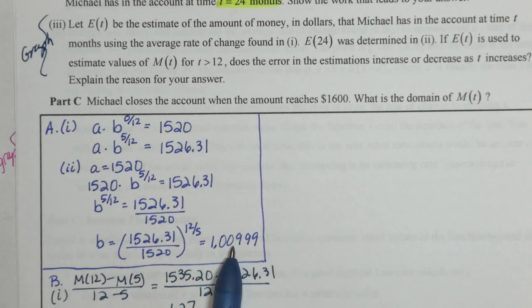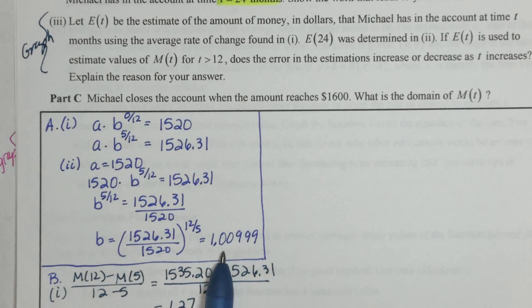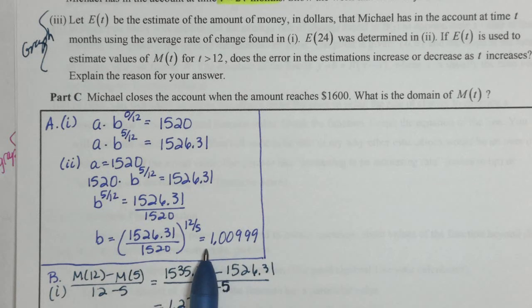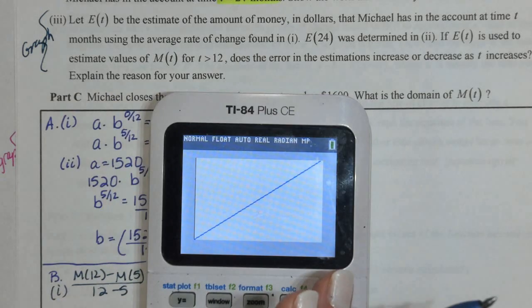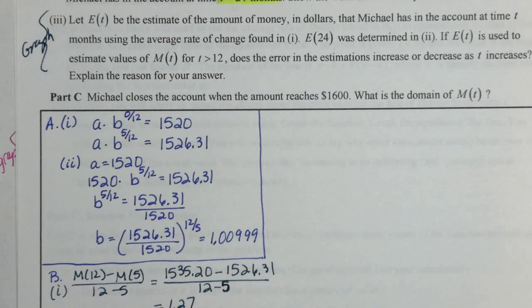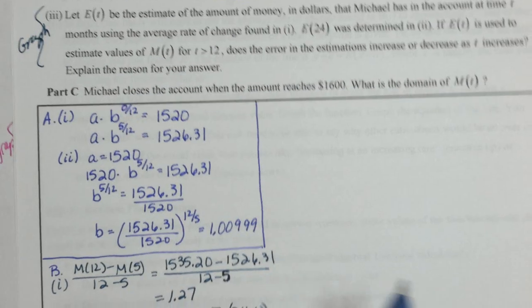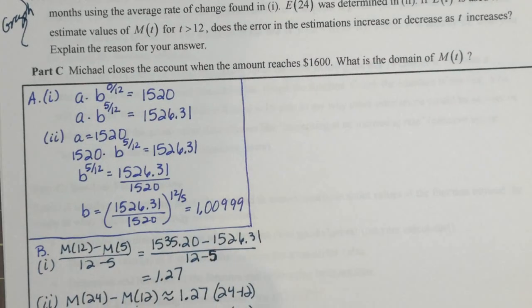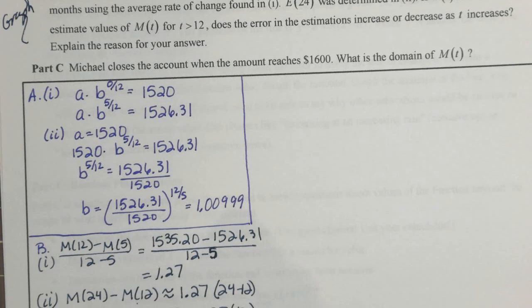Well, it is exponential, but look at the value of B. Look how close it is to 1. So even though it's hard to see, what is the concavity of this? It is concave up because B is bigger than 1. The curve is concave up.